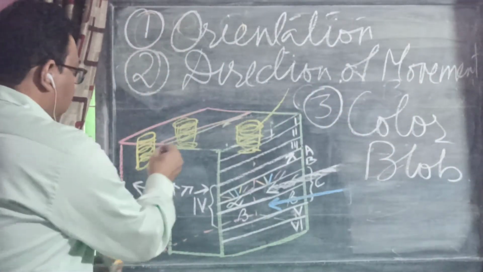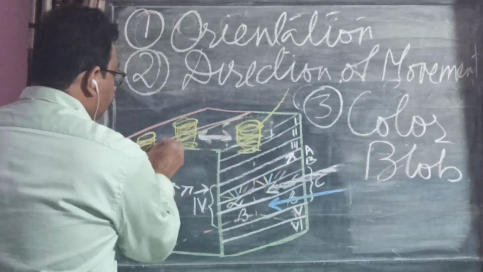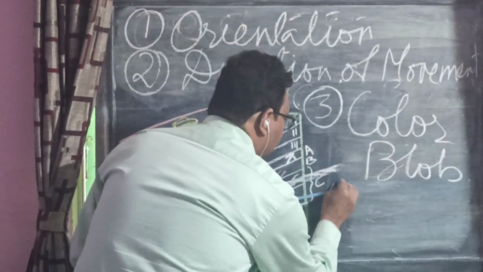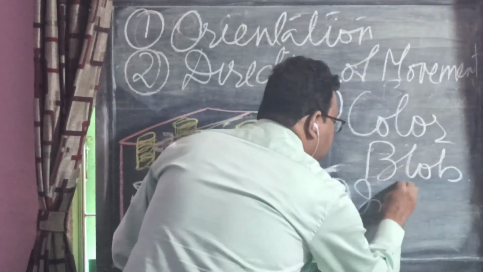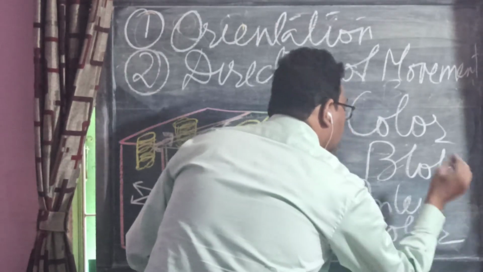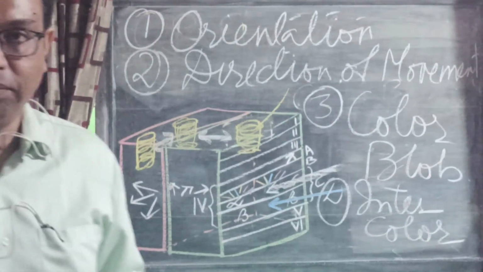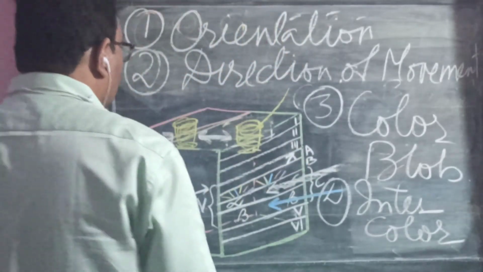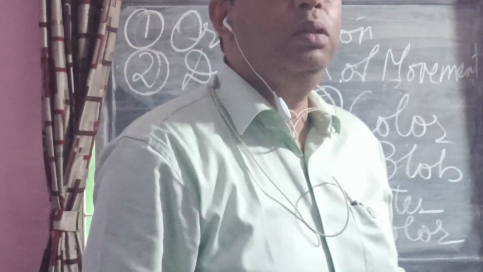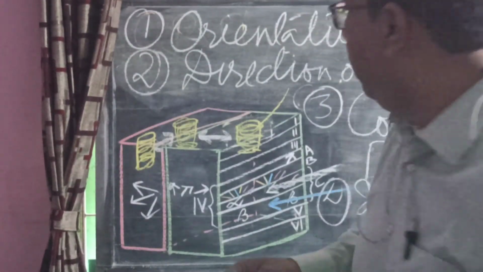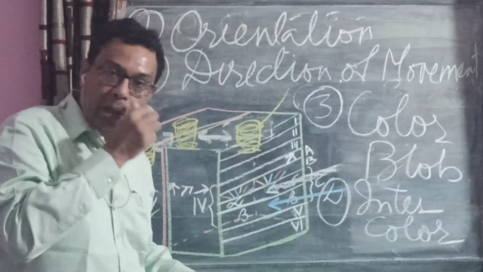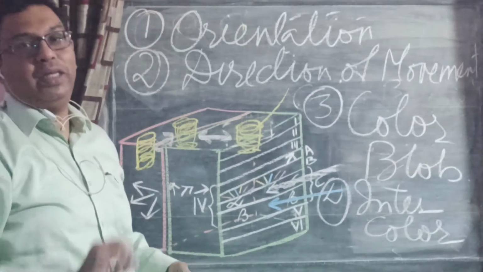In the area between the color blocks, you have intercolor areas. The color block will be responding only to colors. They will not respond to direction of movement or orientation of the edge.